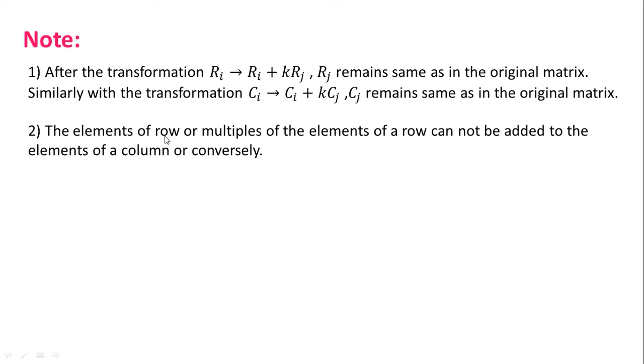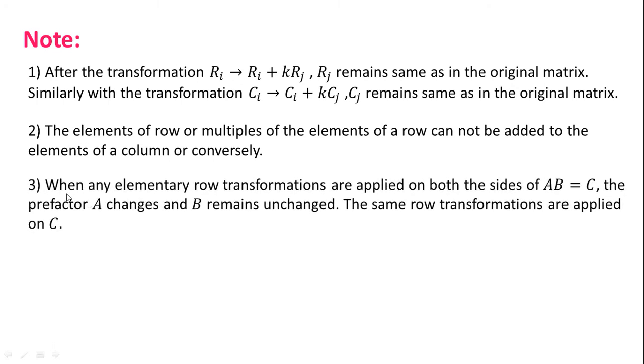Row transformations are applied to the elements of a row only, and column transformations are useful to change the column only. So don't mix up row and column together. That is very important to remember.